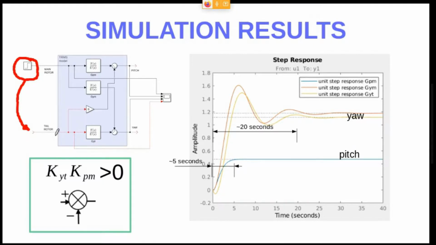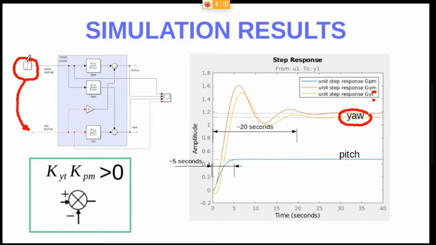And on the tail rotor, when a voltage is applied in here, only an effect on the yaw has been registered, right? As you can see here in the figure, the effect on the yaw angle is quite the same if you apply a voltage on the main rotor or on the tail rotor.